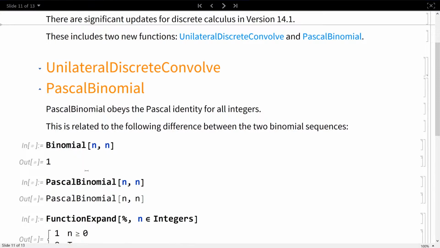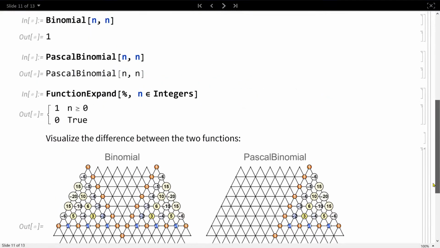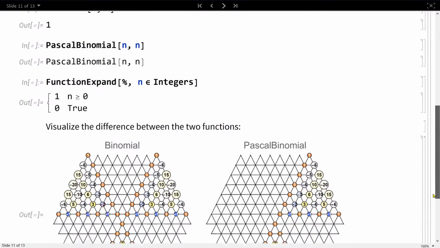So Professor Don Knuth, a very distinguished professor in this area, reminded us that the binomial as we had it didn't quite obey the Pascal identity for all integers. So we have PascalBinomial, which is a bit more careful about the auto expansion and does things right in Professor Knuth's view. And I kind of agree with him.